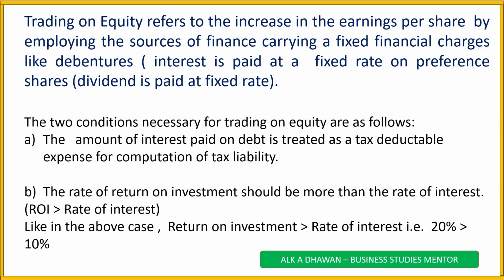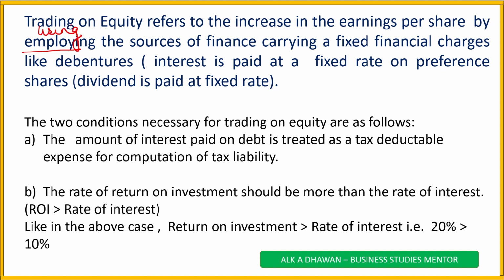The definition of trading on equity says that trading on equity refers to an increase in the earning per share by employing. Instead of employing, we can also write by using or by adopting, if you want to make it simpler.